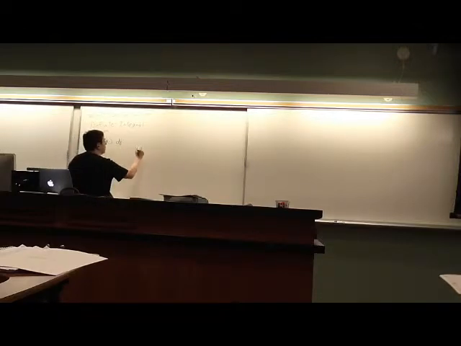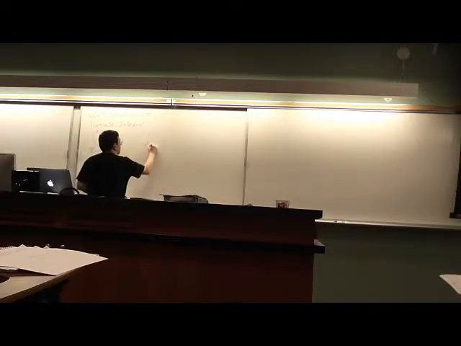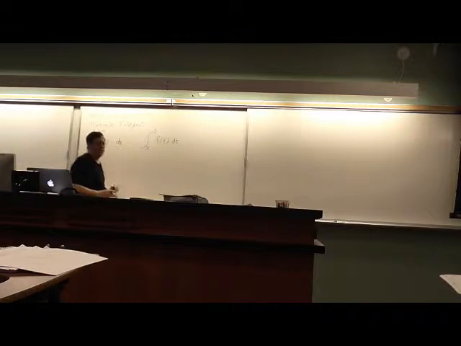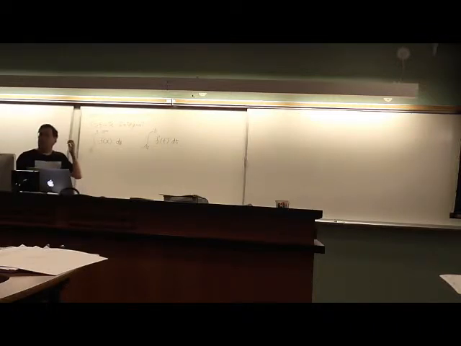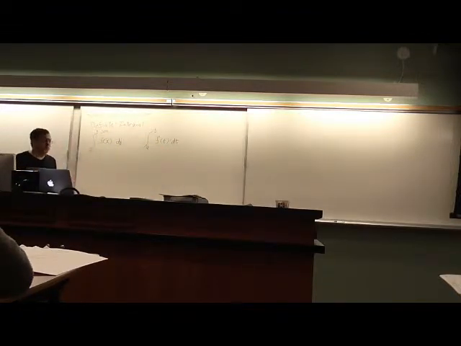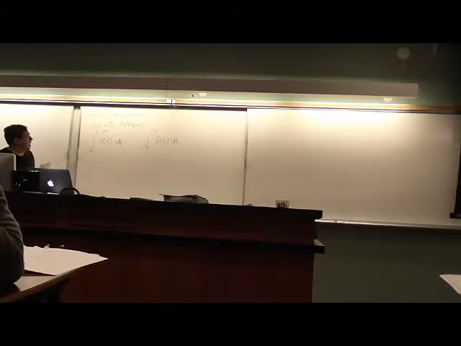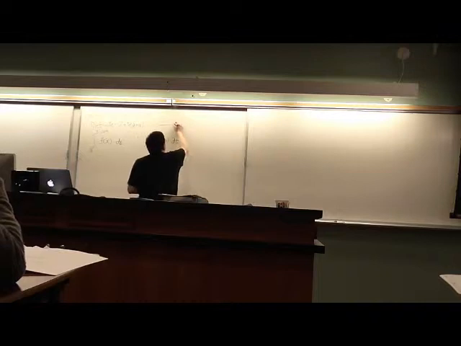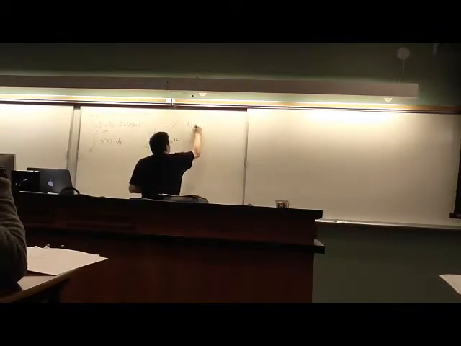If I was to write this as f of t dt, because I want to make you think I'm integrating in time, it's exactly the same. The dummy variable doesn't matter at all. And it's very important to note that a definite integral is a number.